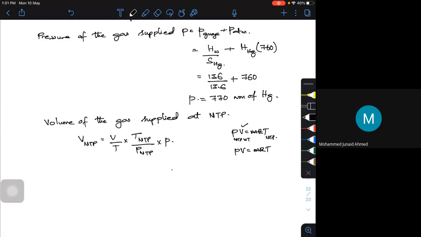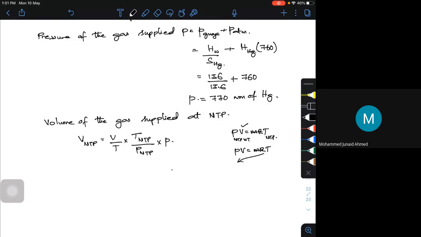PV by T is equal to T NTP by P NTP, and I am going to get V NTP. That's all. Simple calculations. There is no big mathematics involved here.